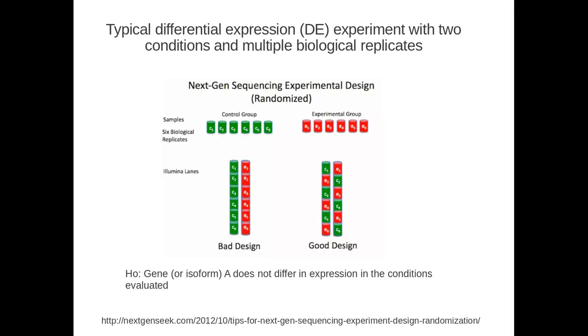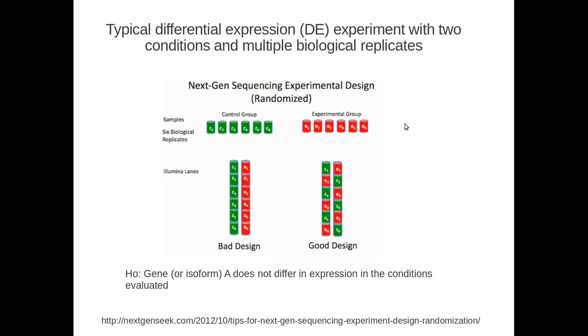There are certainly all kinds of more complicated designs that might include multiple experimental groups and multiple hierarchical levels of organization among samples. And yet here, generally in RNA-seq, the state of the field at the moment is that the statistics and analysis packages are basically set up to conduct differential expression between a control group and an experimental group.